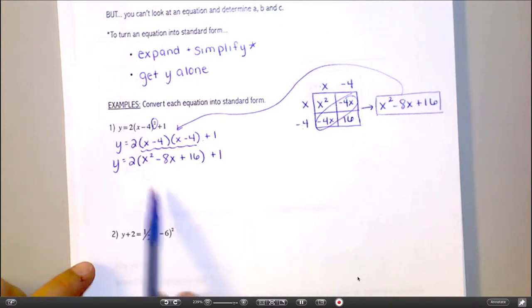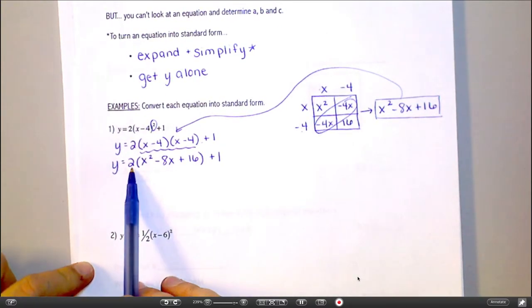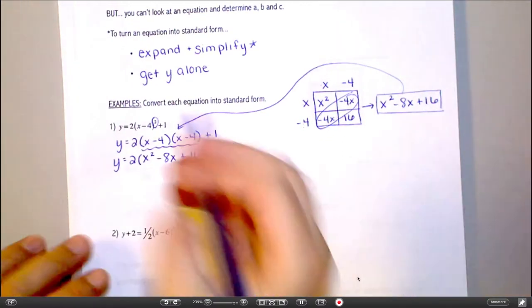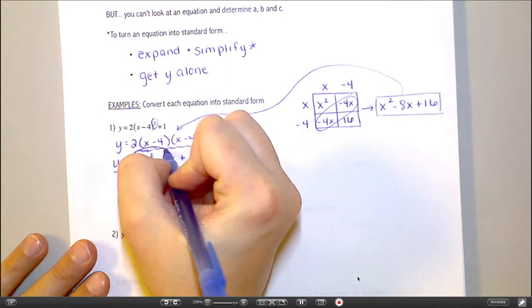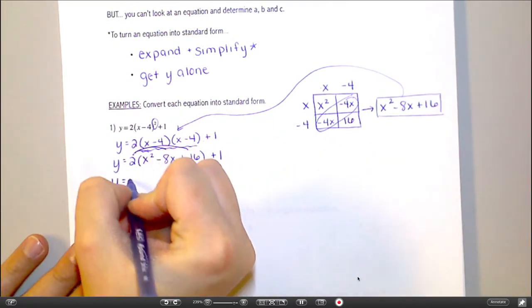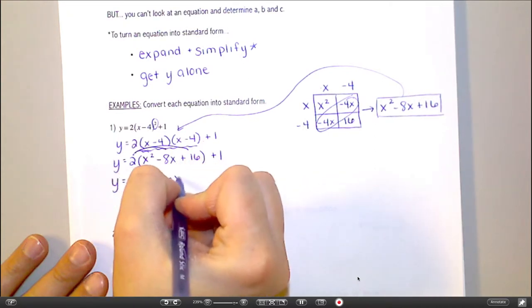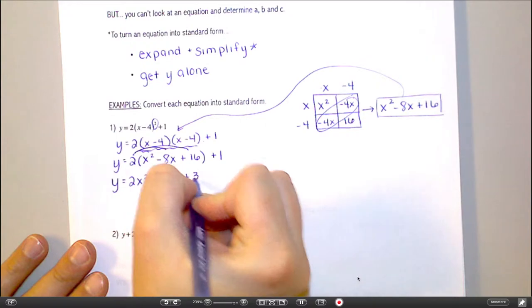I kept that in parentheses because I still have that 2 out there. What do I have to do with that 2 now? Now I'll distribute. So I'm going to do 2 times x squared, 2 times 8x, and 2 times 16. So y equals 2x squared minus 16x plus 32.